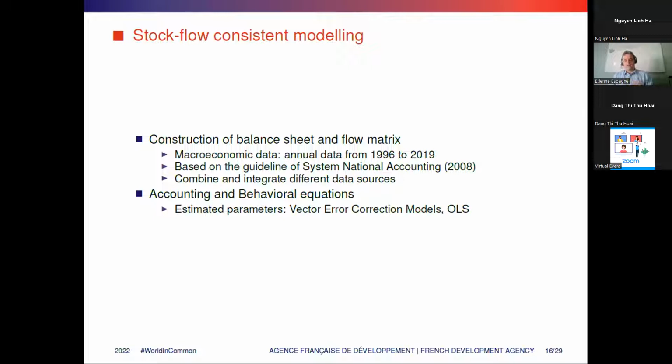And then for the financial data, we have to combine and integrate other data sources, mainly from IMF, World Bank, or the Bank for International Settlements. Now the accounting, so that's for the balance sheet structure. Then the accounting and behavioral equations, the behavioral equations were estimated using vector error correction models and OLS estimations.